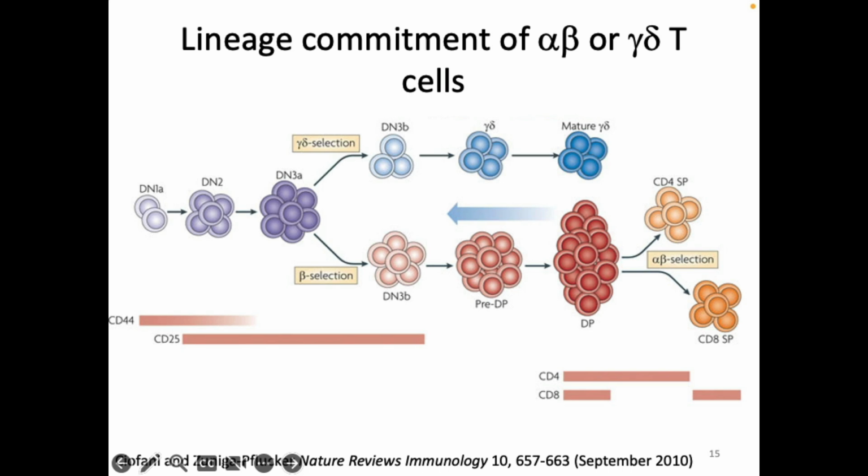And they have different jobs probably because way early when they're DN3s, they got a different kind of signal from a different receptor. And so that led them to develop along different pathways to have eventually different jobs.